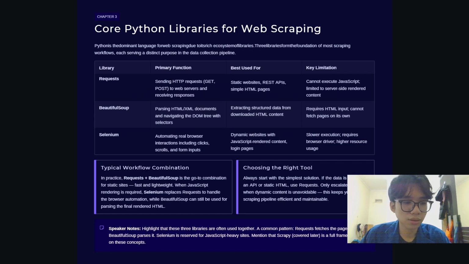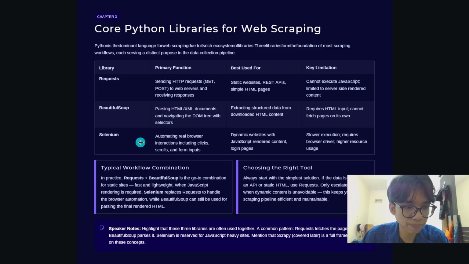Next, there are three core Python libraries commonly used in web scraping. First is Requests, responsible for sending HTTP requests and receiving response from the server. And then Beautiful Soup parses the HTML structures and allows data extraction based on text and classes.